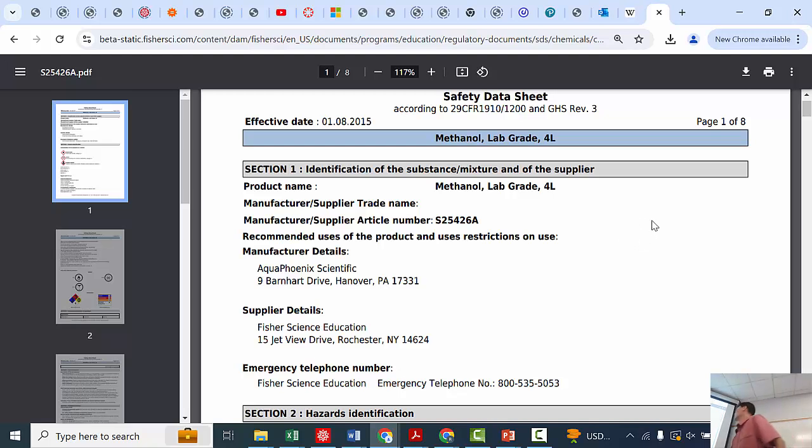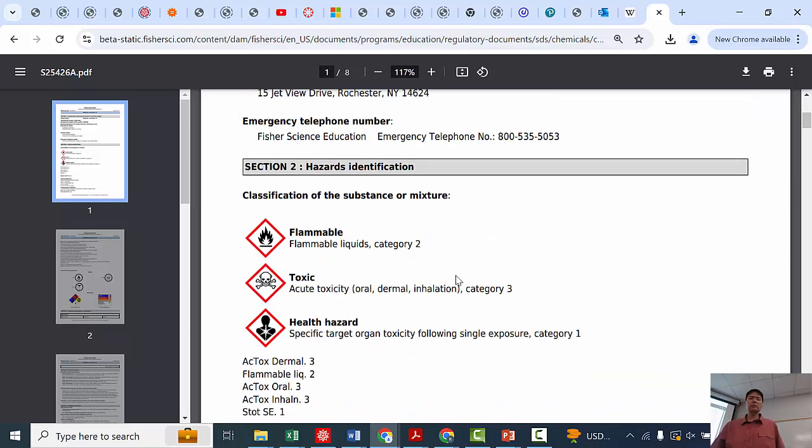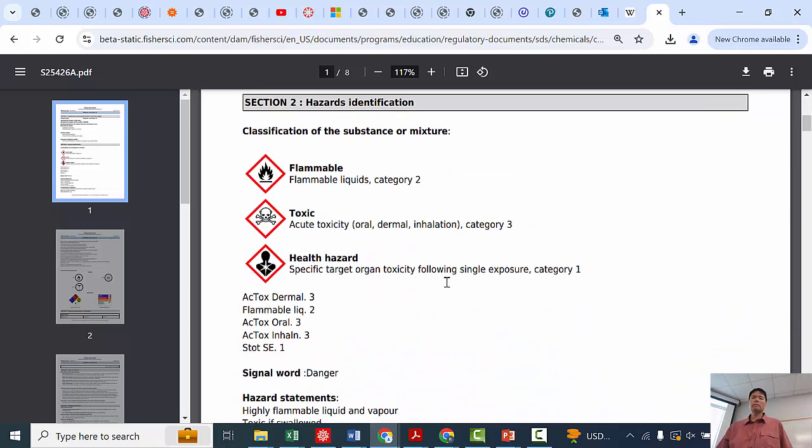When you buy some methanol, this comes included with it, and it gives you a bunch of stuff, like emergency telephone numbers if there's some kind of poisoning incident, what to do, etc. Of course, it's flammable, it's toxic. Usually they give us what they call the lethal dose, LD50. Let's take a look.